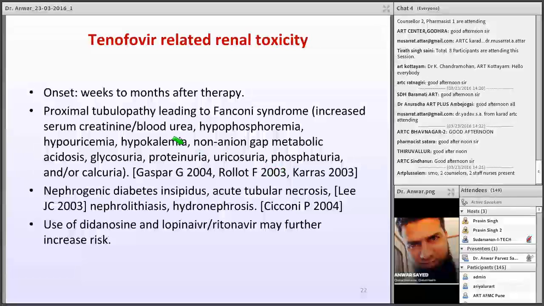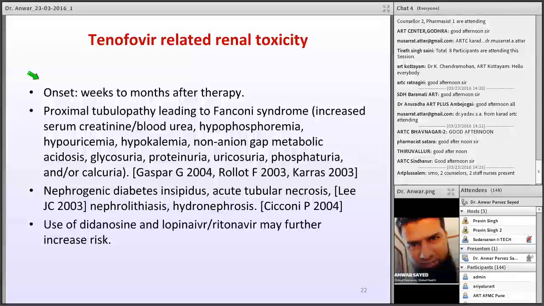Coming to this again, renal toxicity. Now the things which we discussed just a couple of slides back regarding the effects of tenofovir on kidney will help us to understand the toxicity. Now onset, usually it happens within weeks to months after therapy.